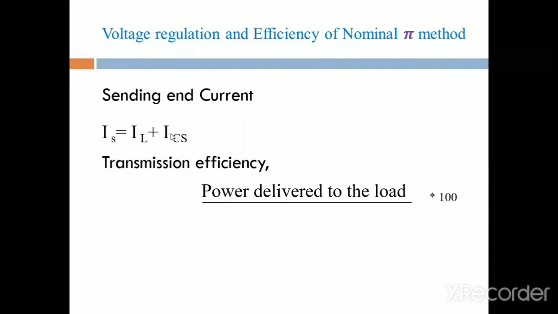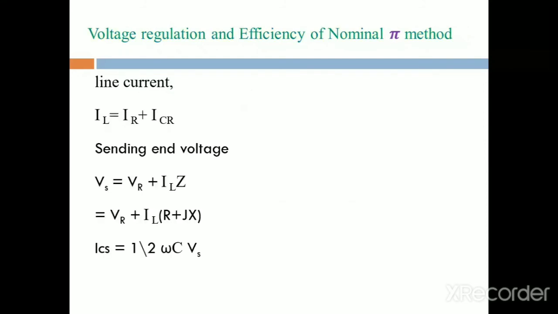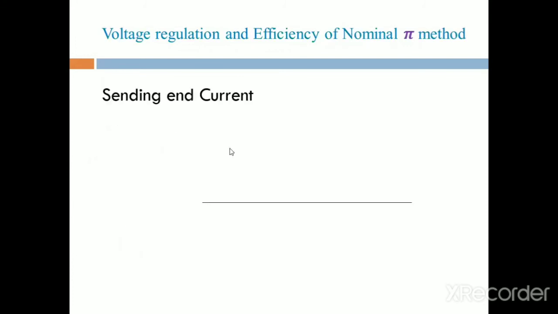So the sending end current IS is equal to IL plus ICS. These are the various formulas that will be useful for calculating the voltage regulation and efficiency. By using Vs, Vr, IS and IR, we calculate the voltage regulation and efficiency.